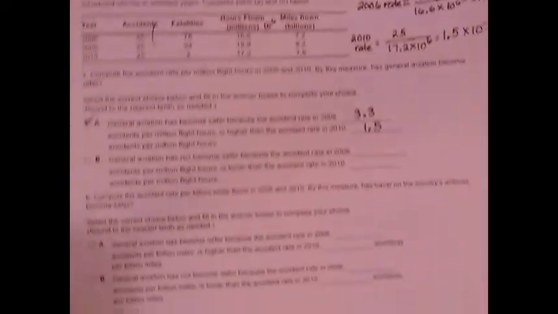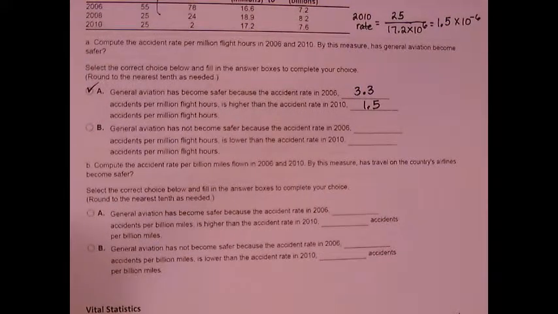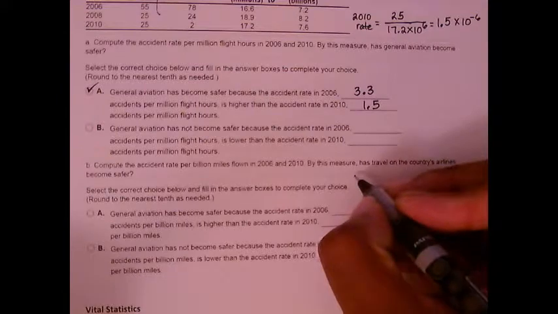Now in part B, we're going to compute the accident rate per billion miles flown in 2006 and 2010. By this measure, has travel on the country's airlines become safer?